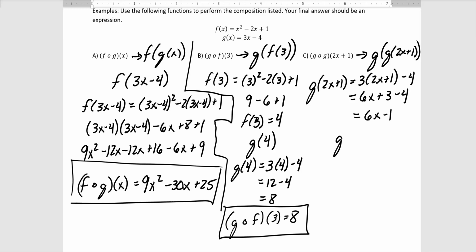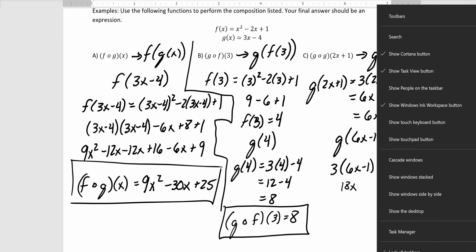So now I need to find g of 6x minus 1, since 6x minus 1 is g of 2x plus 1, and that's what I'm working on up here. So g of 6x minus 1, so now I will have 3 times (6x minus 1) minus 4. Notice I'm plugging that in for this x here. So 3 times 6x is 18x.